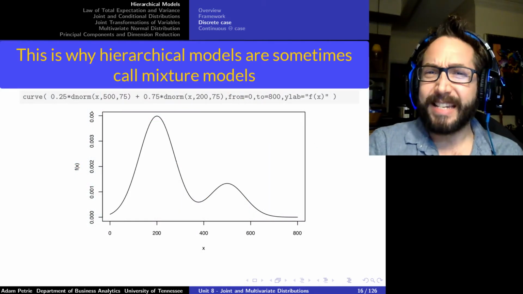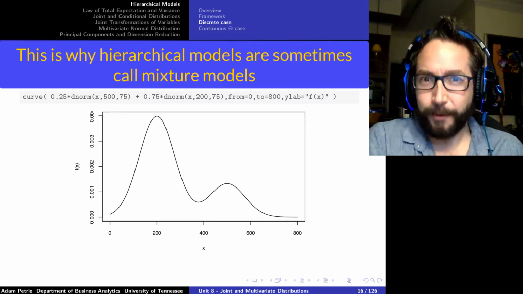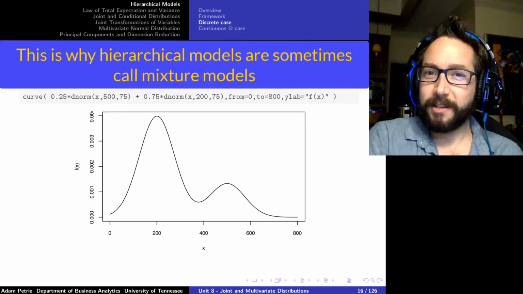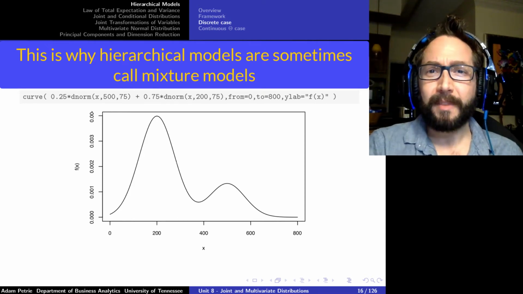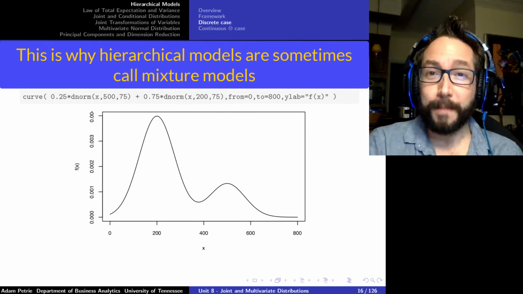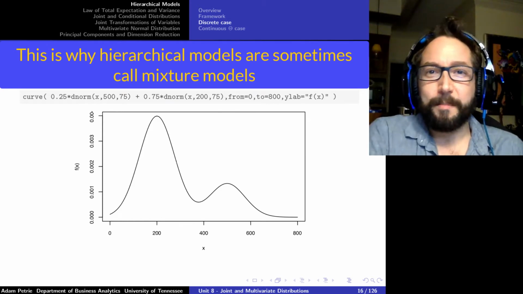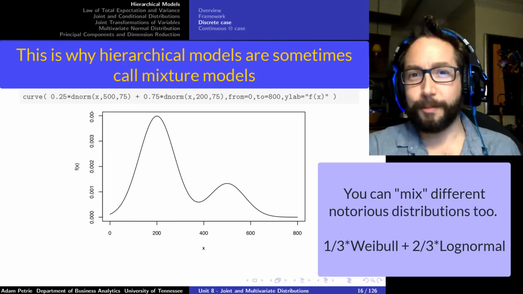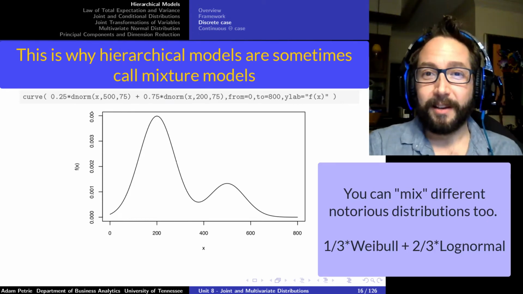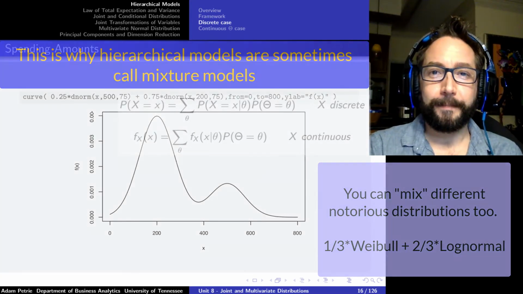So it's a fantastic way to approach really difficult looking distributions. See some bimodality? Well, maybe try one of these hierarchical models. This is why hierarchical models have another term associated with them called mixture models, because sometimes you're just mixing together different distributions, this one normal distribution with another distribution, depending on what segments of the customer we're looking at.